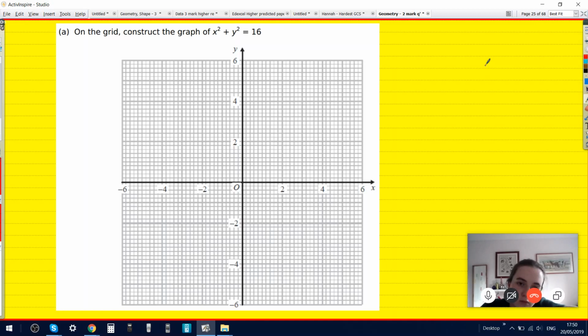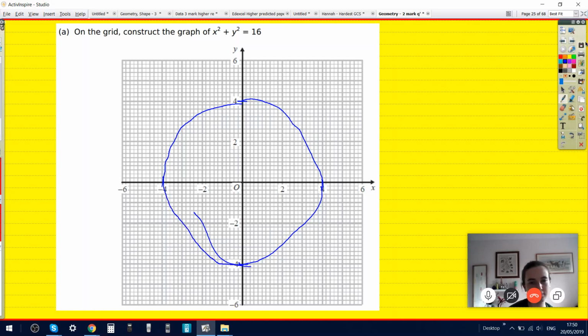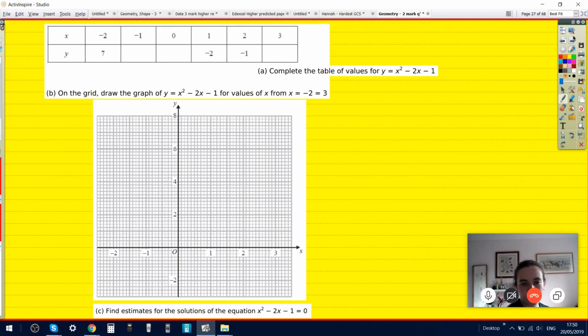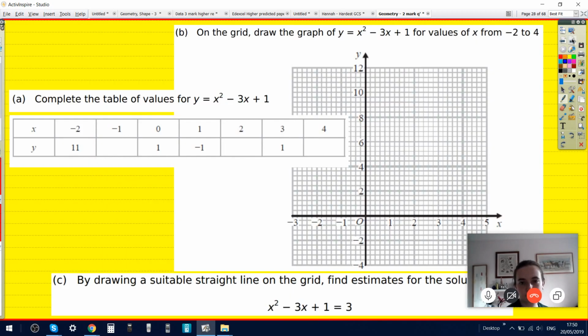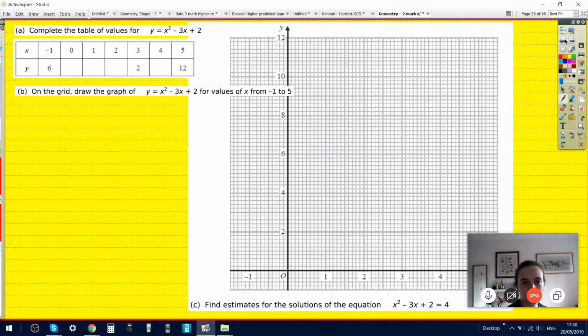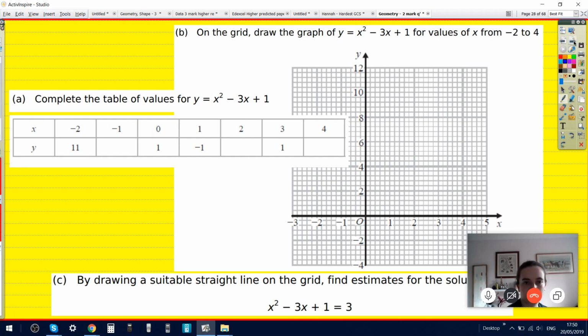It crosses through the 4, and it's a circle with a radius of 4 and a center at the origin. And so it's going to be something like that. Tricky questions, but you know how to do them.